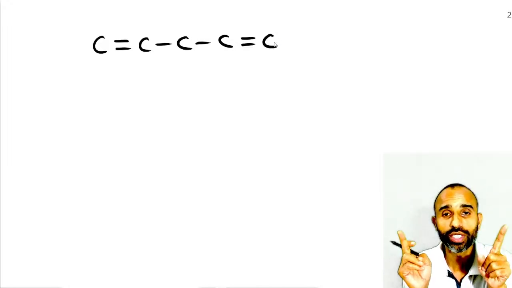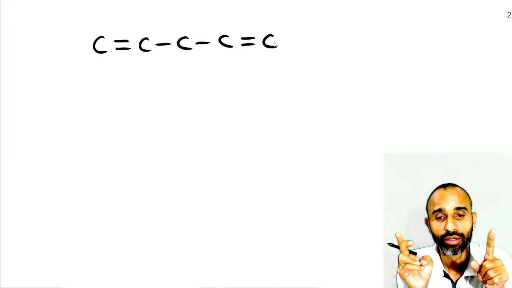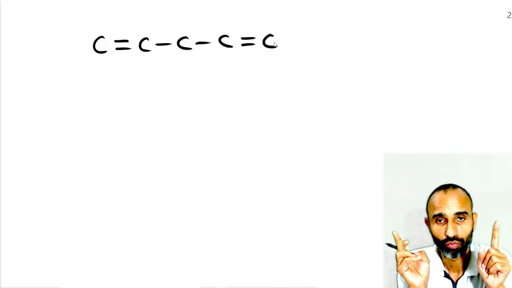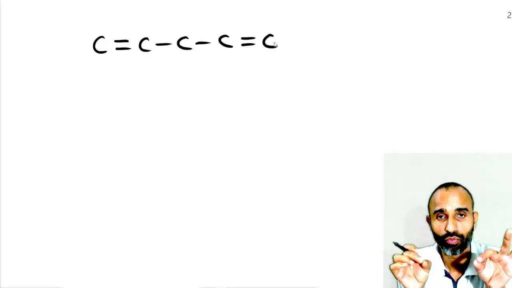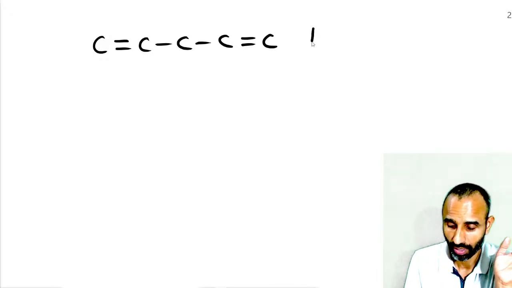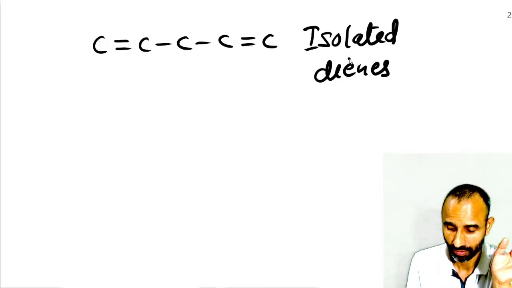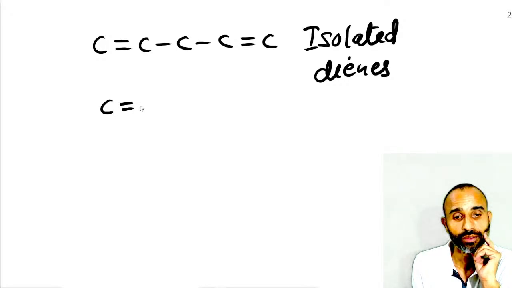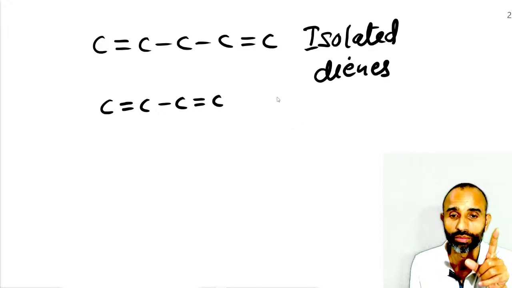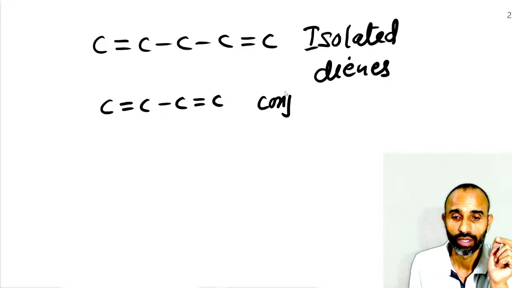One is where double bonds are separated by more than one single bond between two double bonds. Such dienes are called isolated dienes. The dienes in which there is only a single bond between the double bonds are called conjugated dienes, which is the condition for resonance.